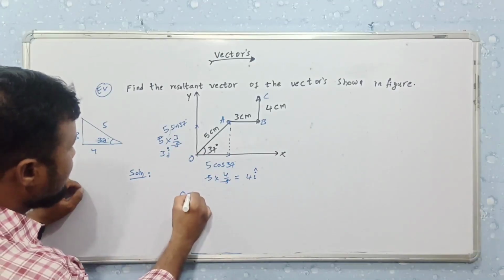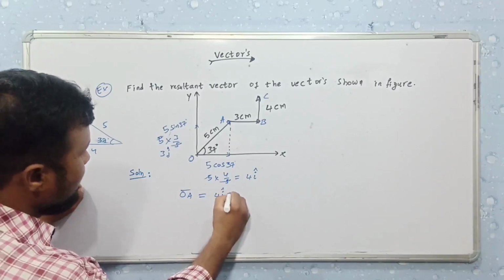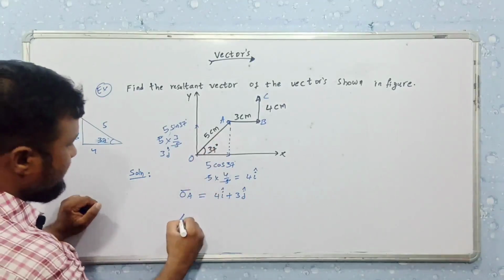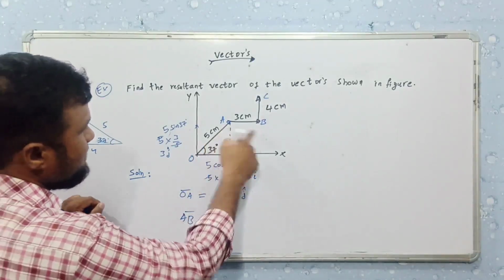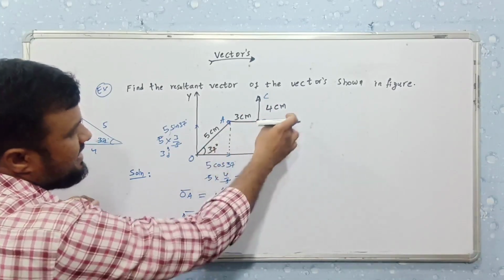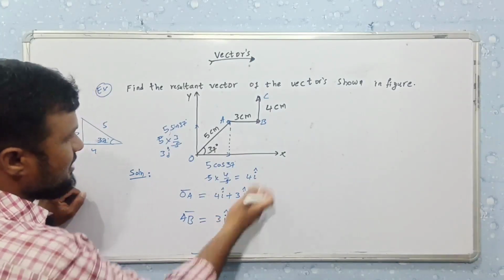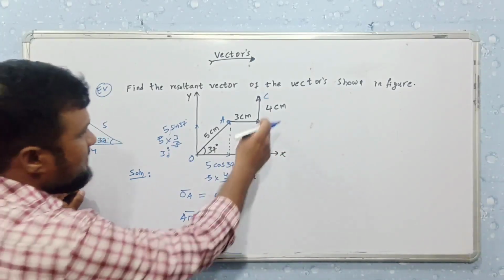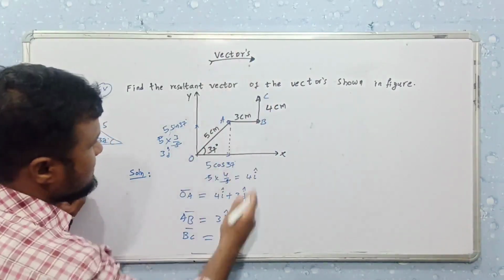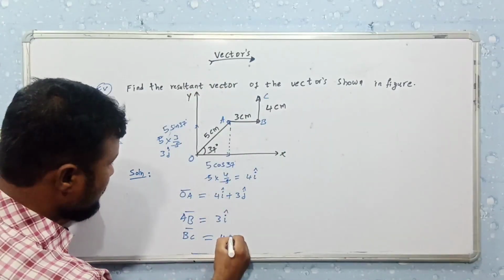So if I write vector OA bar is equal to 4 i cap plus 3 j cap, and vector AB bar is along x direction, so that is 3 i cap only along x axis, and vector BC bar is along y axis, that is 4 centimeter directed vertically, that is 4 j cap will come.